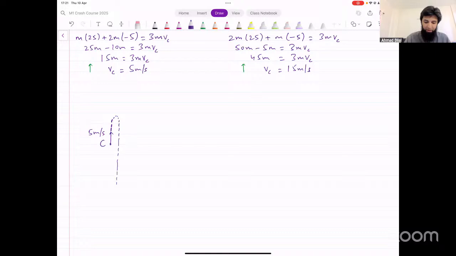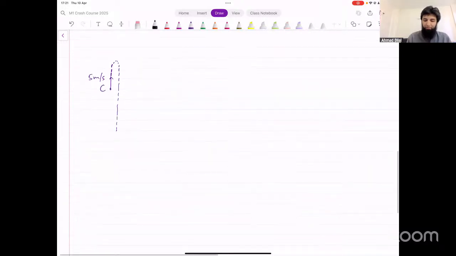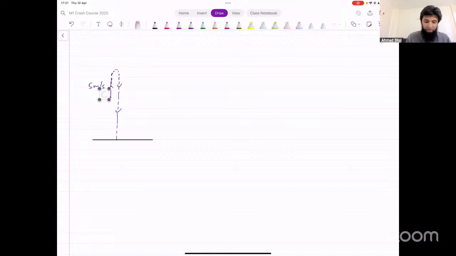And it's going to hit the ground at some point. Let's draw that here. This is horizontal ground. This is particle C. It starts moving in the upwards direction at 5 meters per second after that collision. And then at some point, it's going to go down and hit the ground. Okay, that's what happens.